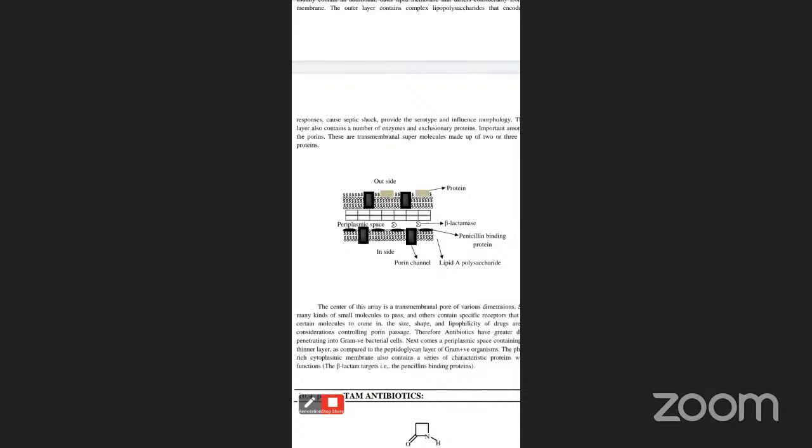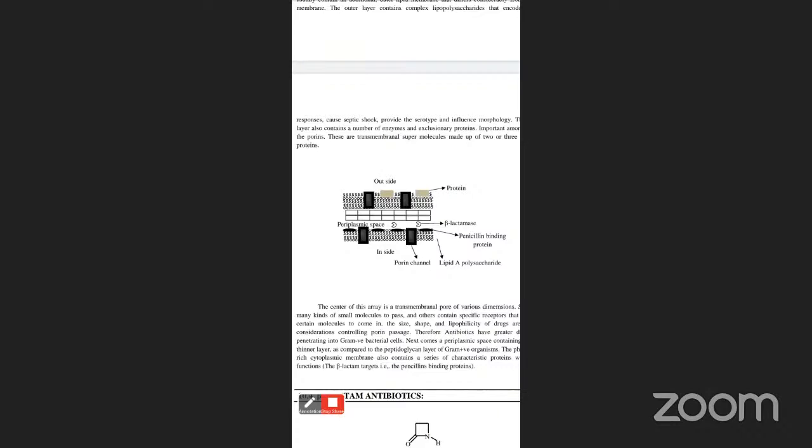You can see the structure of these gram negative bacteria, and it has some beta lactamase enzyme also. The penicillin binding protein is also present in gram positive bacteria, and the porin channel you can see in gram positive bacteria also. So a few features are the same, and the only thing is that 90% phospholipid is present in the gram negative bacteria.